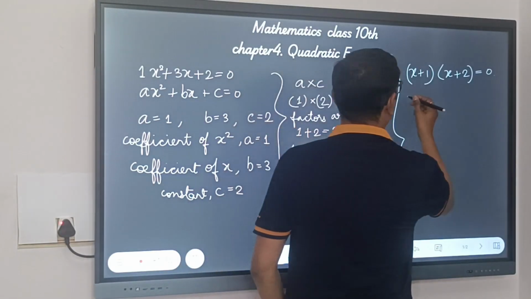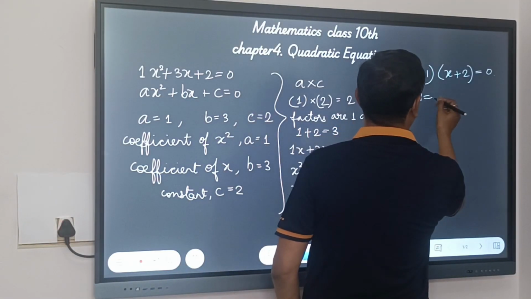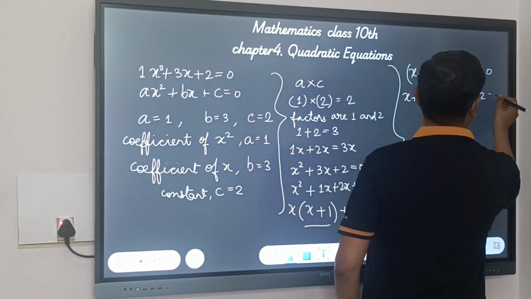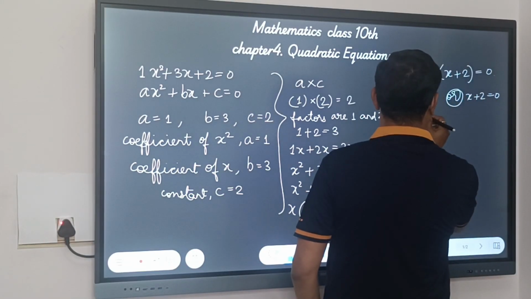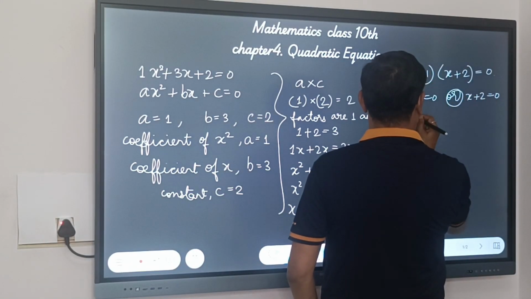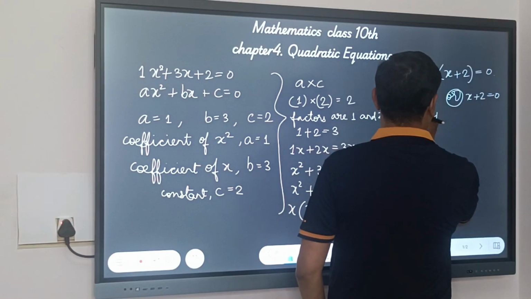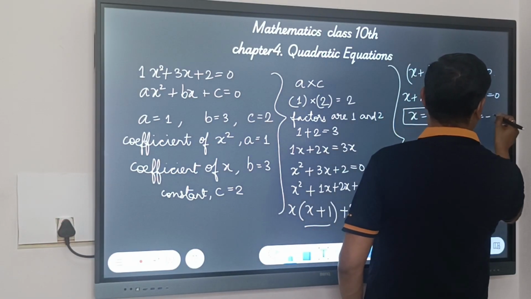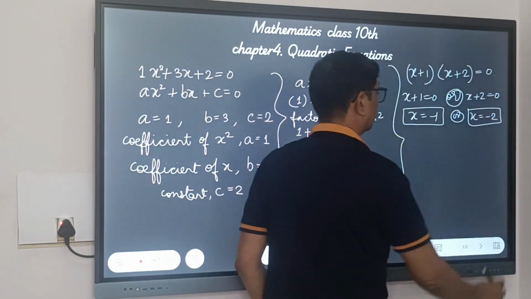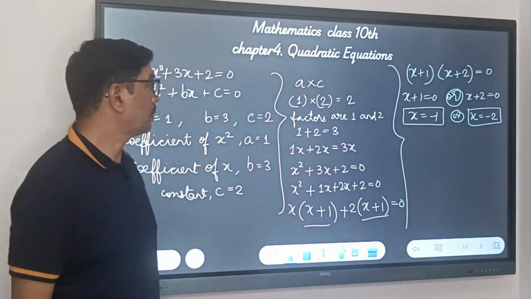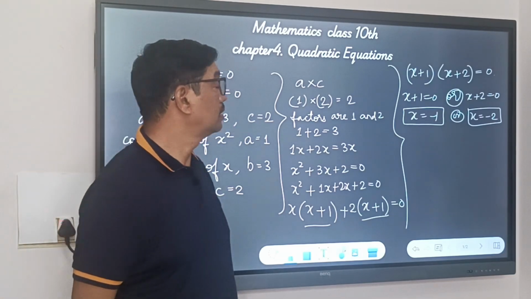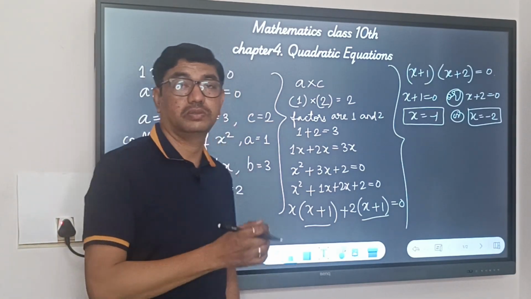Now x plus 1 is equal to 0, equate it to 0. X plus 2 is equal to 0. X is equal to minus 1 or x is equal to minus 2. So x is equal to minus 1 and x is equal to minus 2 are the zeros of the quadratic equation.